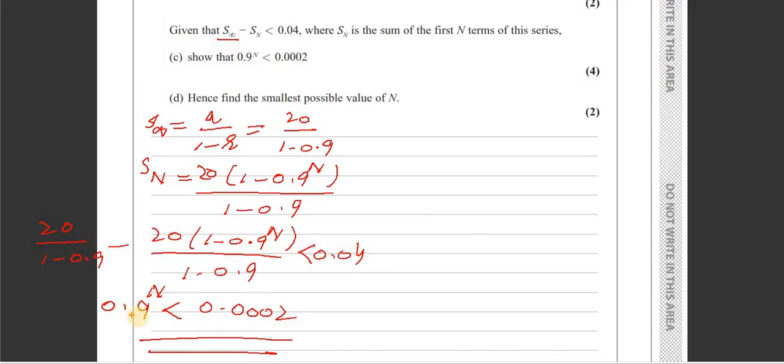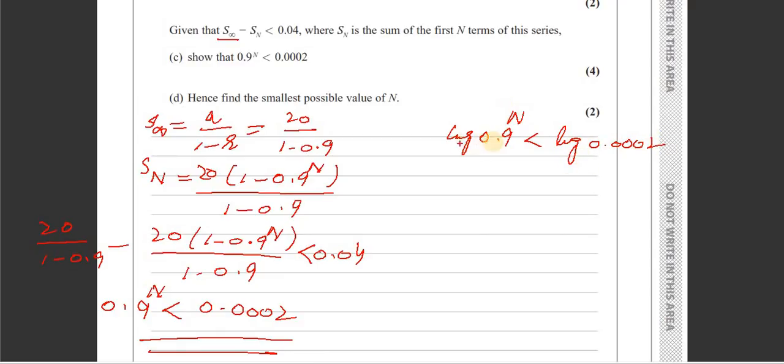So what you can do is apply log on both sides to calculate the value of n, because without log you cannot bring n down. So I'm applying log of base 10.